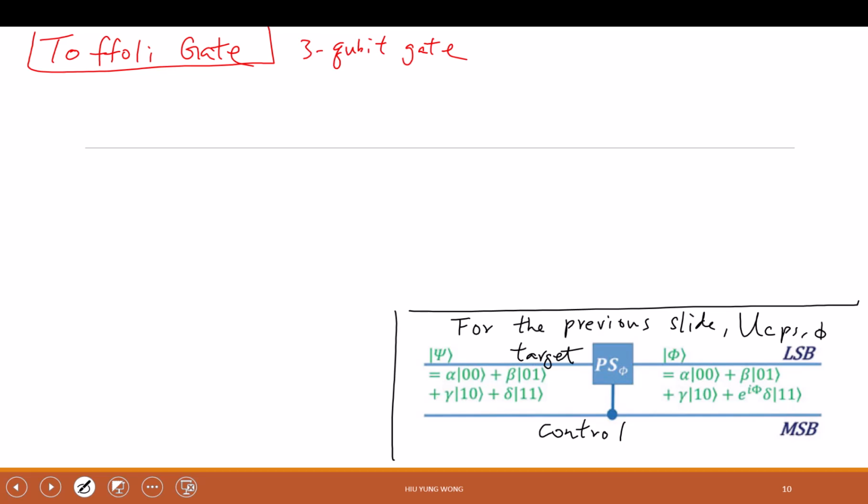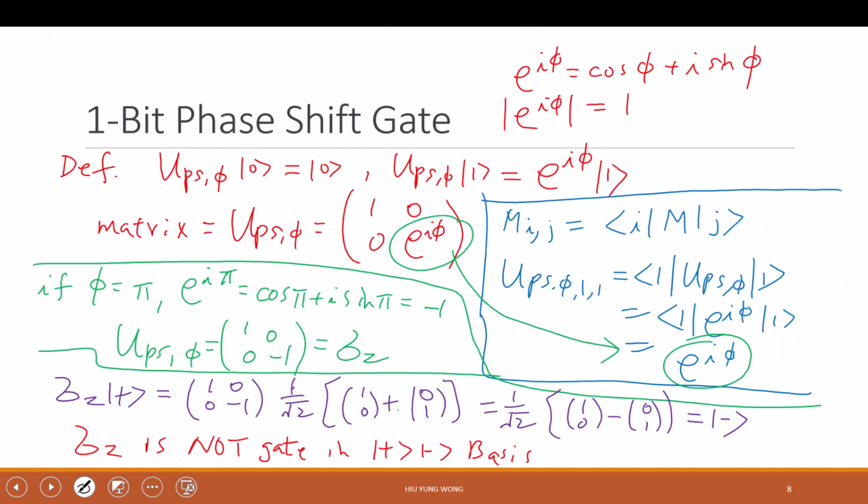But behind that, how does the gate transform every basis state? You always need the same number of inputs as outputs. But I mean, you define a gate by defining how it transforms every basis state.